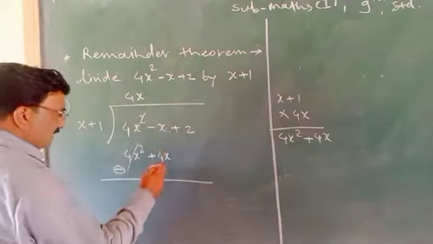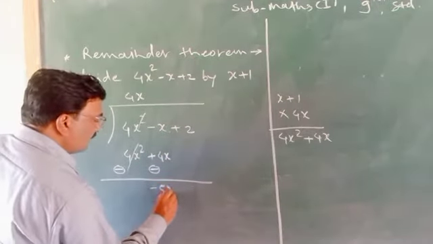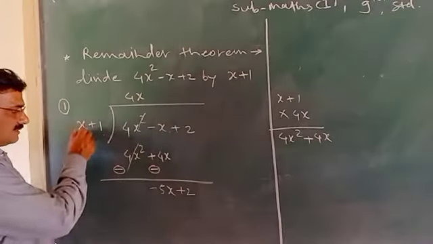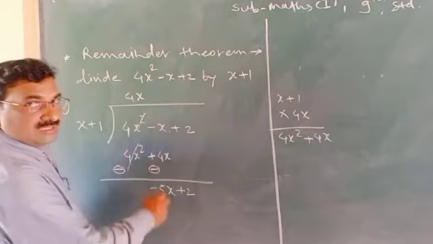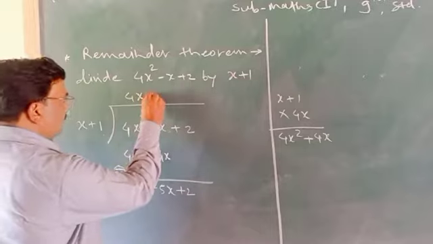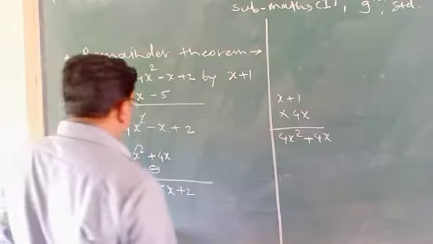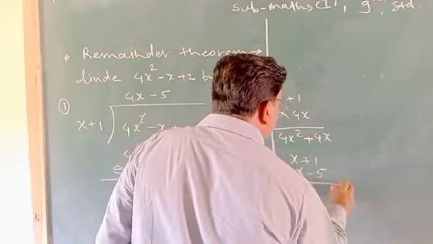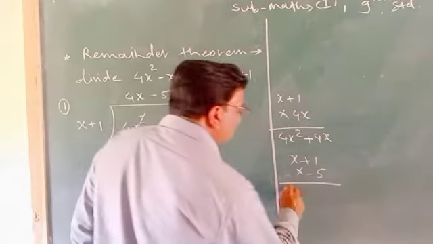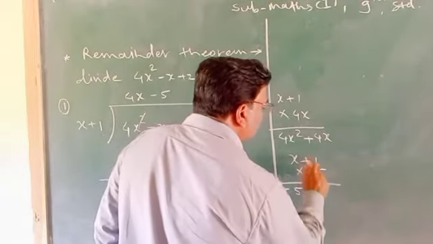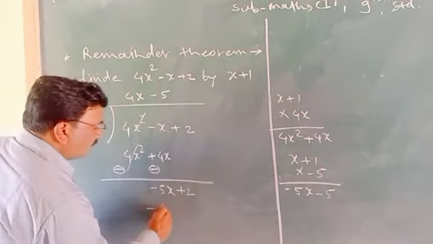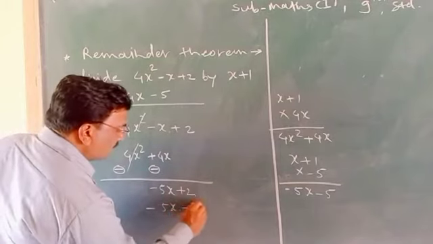Then minus x minus 4x is minus 5x, plus 2. Then multiply this x by minus 5, we can obtain the minus 5x. Therefore minus 5 is your quotient. Then x plus 1 into minus 5. Carry out this multiplication: minus 5x minus 5.